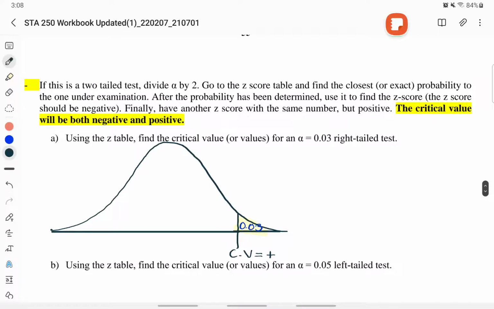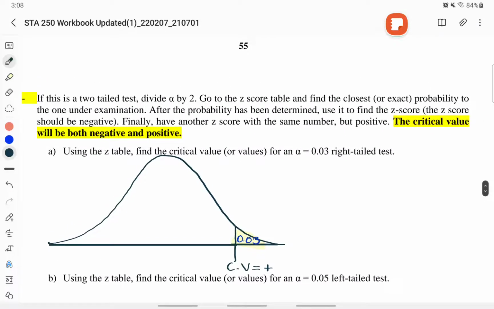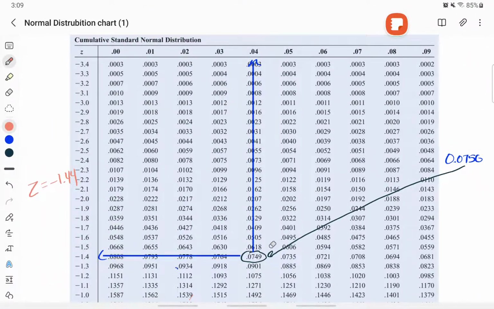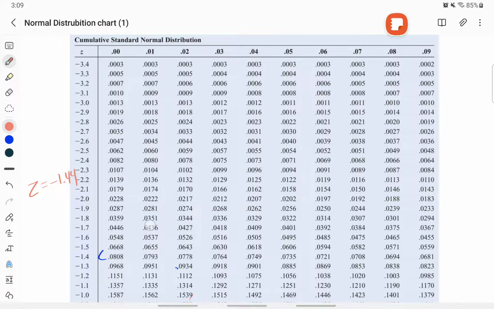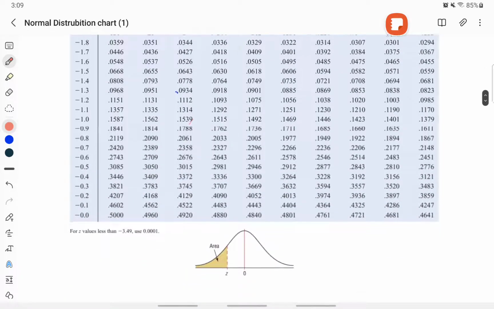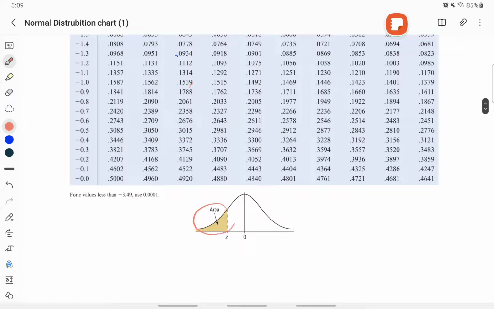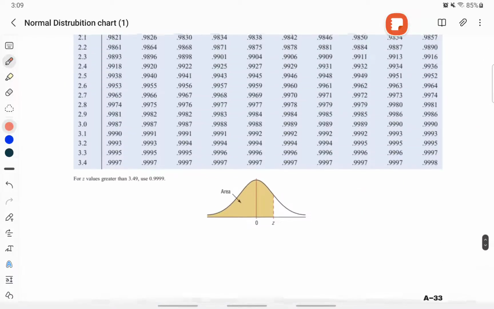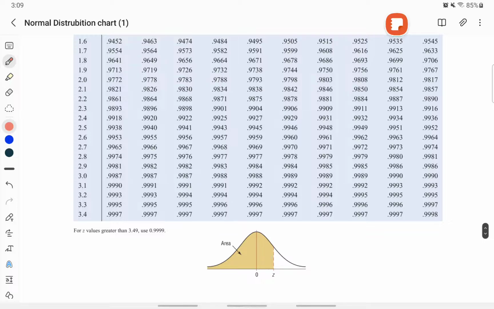Now, if you go about it the old-fashioned way, remember, we are using the Z table, and every probability on the Z-score table is the area that is shaded to the left. As you see here, the area is to the left of the Z-score, and on the positive Z-scores, the area is to the left of the Z-score.